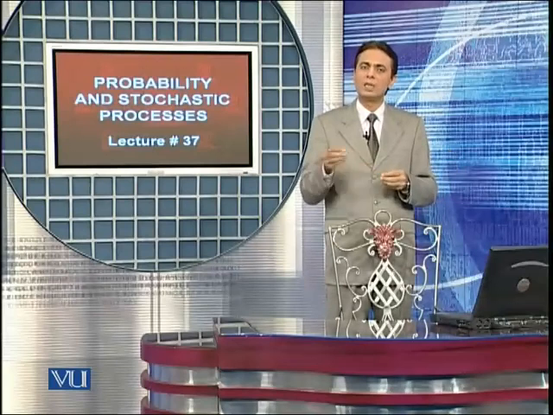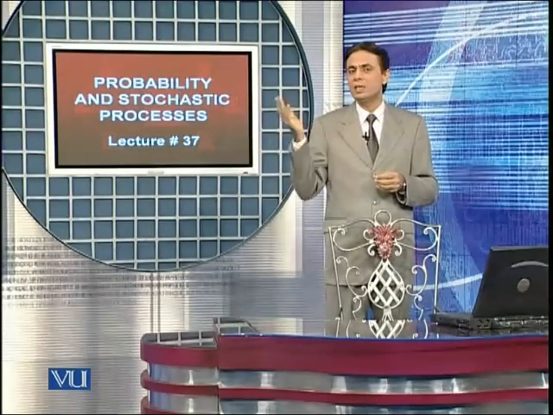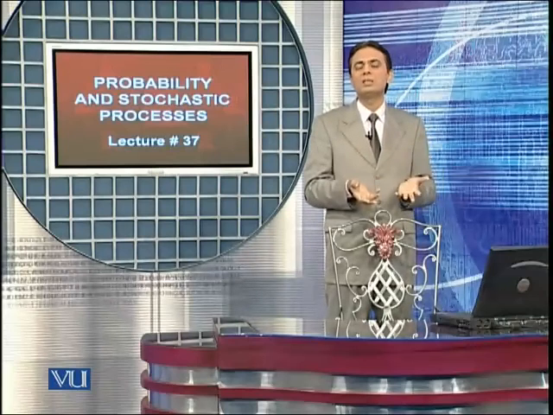And if those random variables take on a certain value a few times and then they evolve in such a way that they never take on that value, then that state is a transient state.